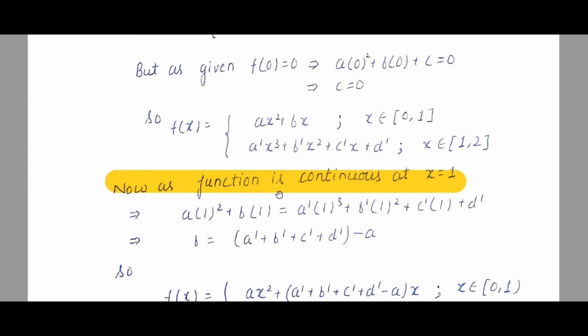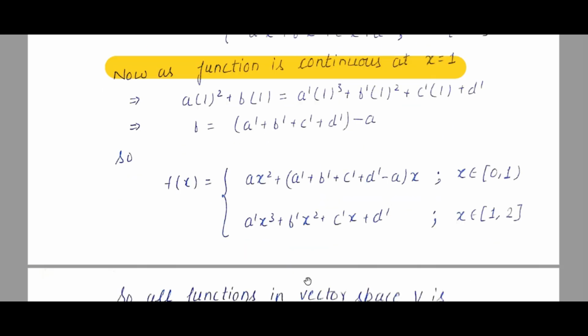Now, as the function is continuous at x = 1, when x is 1 the first polynomial and the second polynomial should be equal. That is, a·1² + b·1 = a'·1³ + b'·1² + c'·1 + d', that is, b = a' + b' + c' + d' − a.